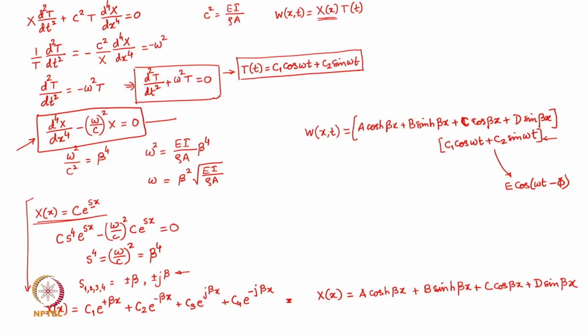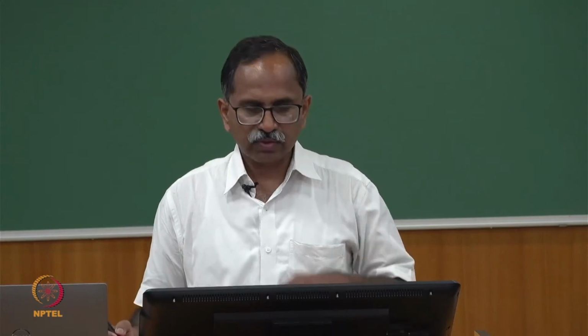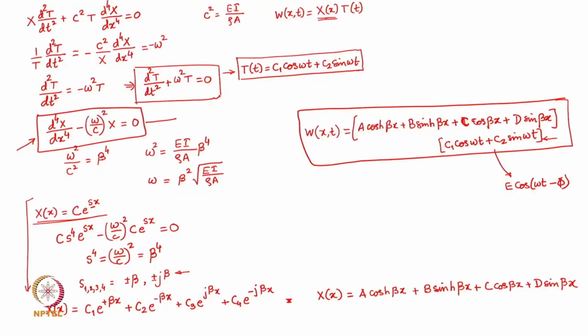But in case of strings and bars, we have used this form, and therefore one can stick to this particular general solution. But this is a general solution because we still haven't figured out what are the unknown constants a, b, c, d and c1, c2, and we all know that they will come from the boundary conditions, right? So this is the general solution of the vibratory response for the lateral vibration of the beam w(x, t).